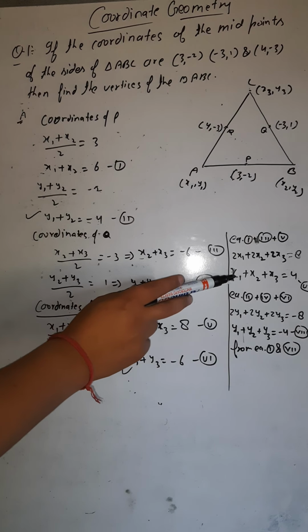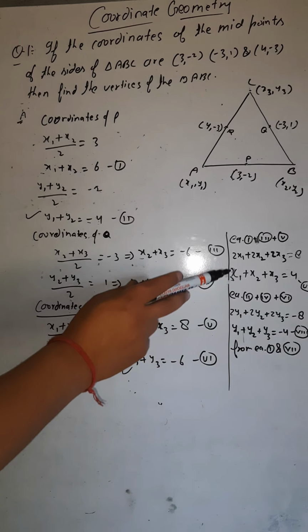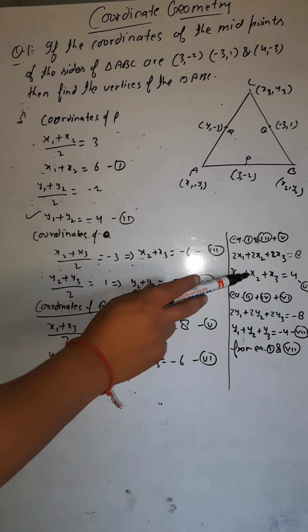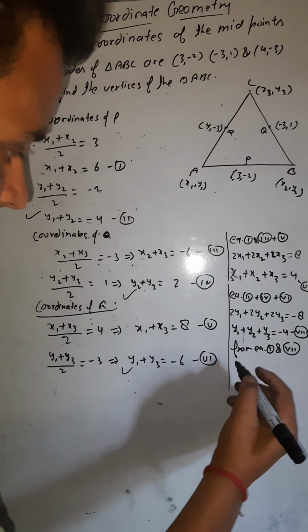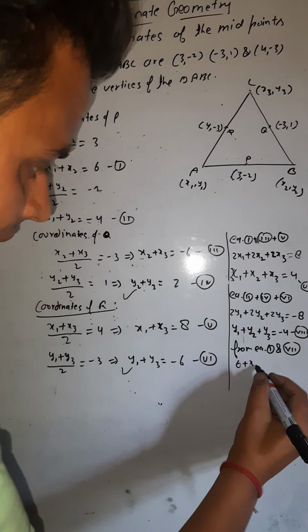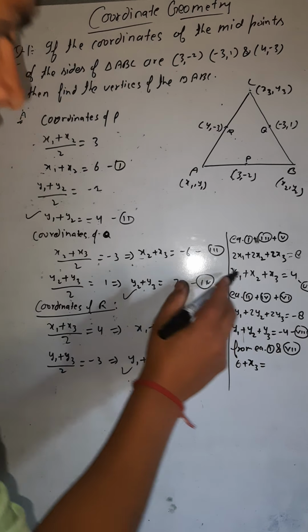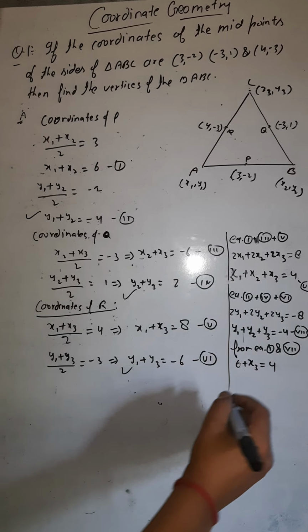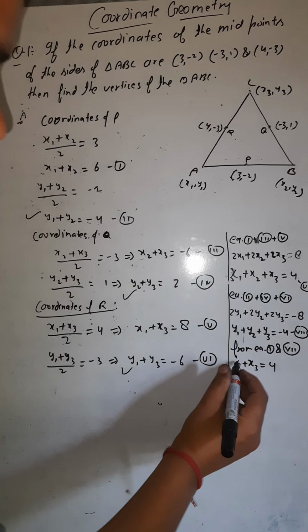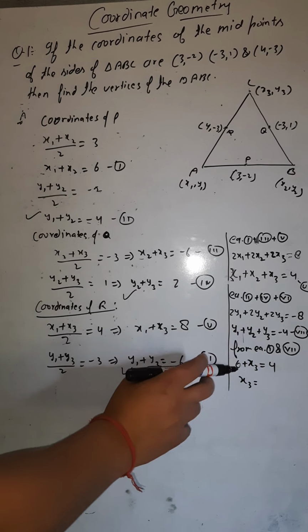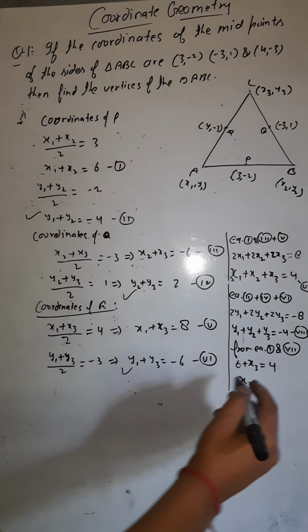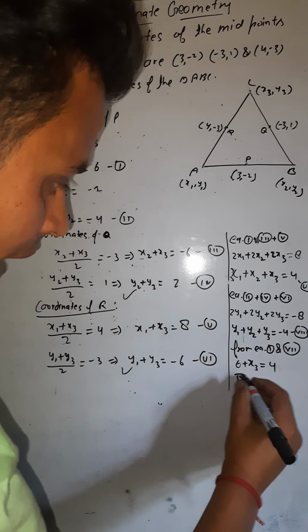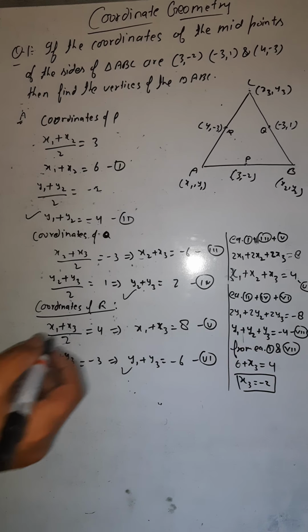So here I'm writing 6 plus x3, which equals 4. So from here I have the value of x3: the 6 would go there and be subtracted, so it would be 4 minus 6. So 4 minus 6 is minus 2.